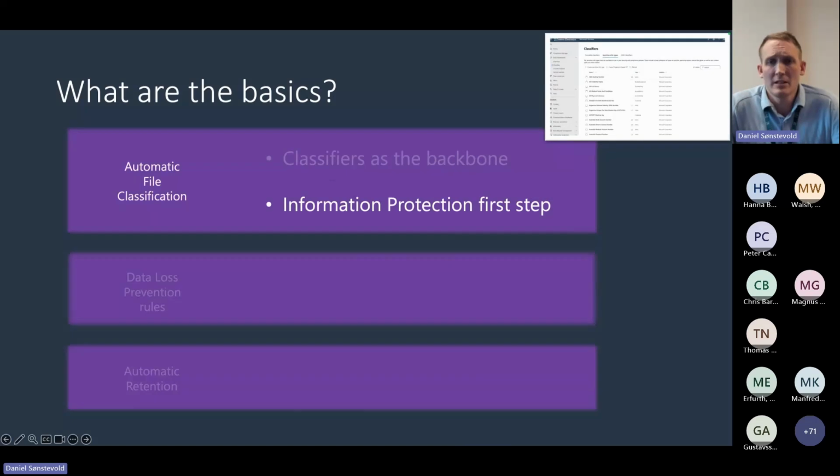So having all these classifiers, we want to apply them to actually classify our files, storage, and collaboration spaces. And this is done through building sensitivity labels in the module for information protection.